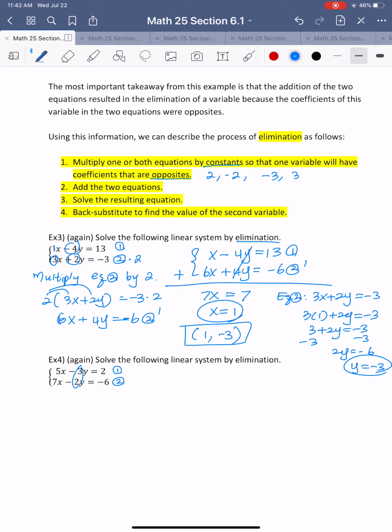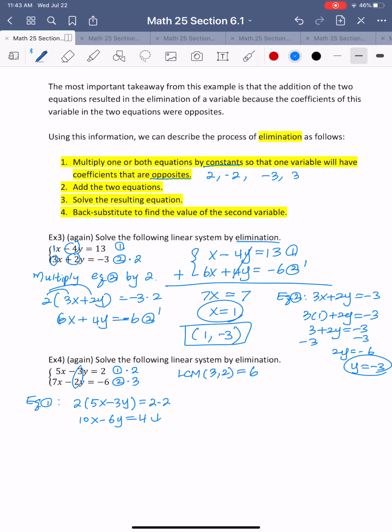So I want to make the LCM for 3 and 2, which is 6. So I'm going to make both numbers 6 by multiplying. In order to get a 6 from 3, I need to multiply by 2. In order to get a 6 from 2, I need to multiply by 3. So equation 1, I'm going to multiply by 2. So 2 times 5x minus 3y equal to 2 times 2, which is 10x minus 6y equal to 4.